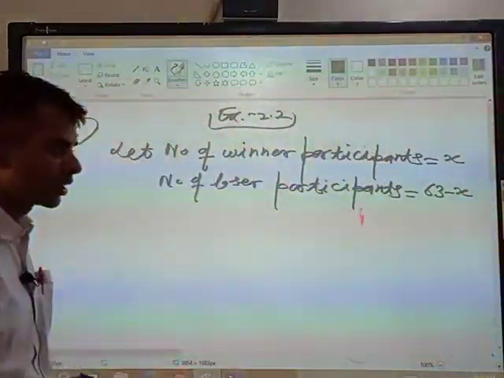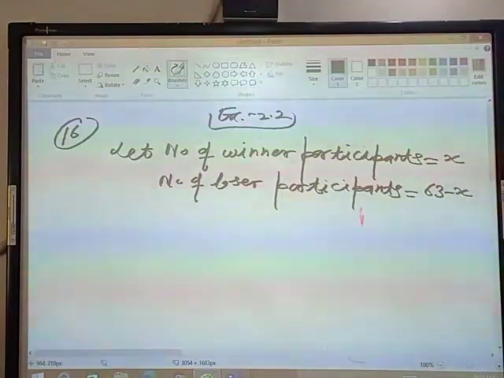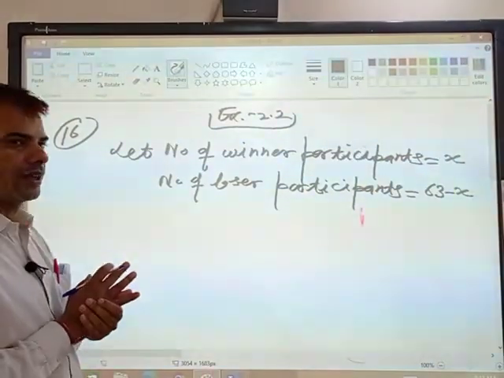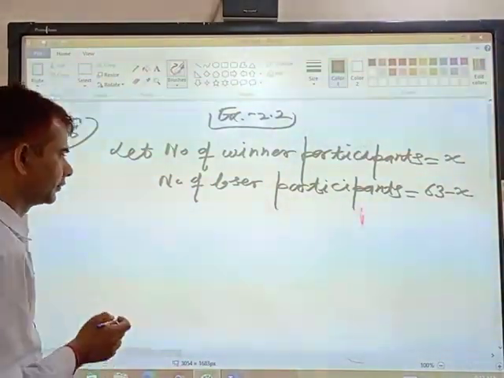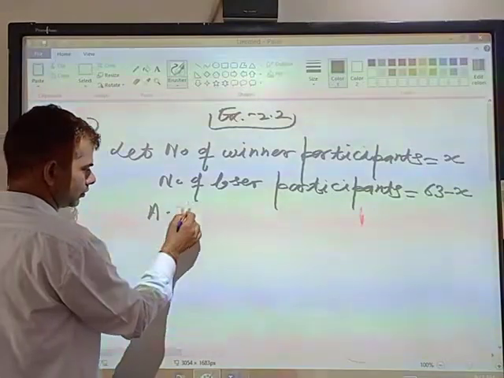Student, it is written in the question that a winner participant wins a prize of rupees 100. The number of winner participants is x. Total amount will be 3000.